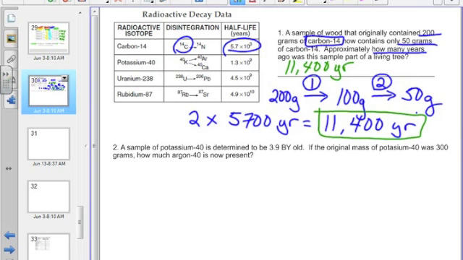First off, we're now being asked a how much question, so our answer is going to wind up being a number of grams. But they're starting us off with a parent, potassium-40, and ultimately the how much that we're interested in is argon-40, which is a daughter.